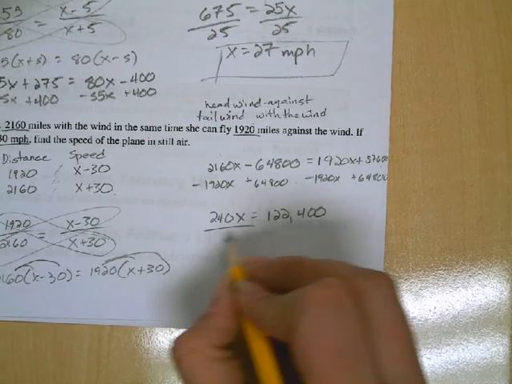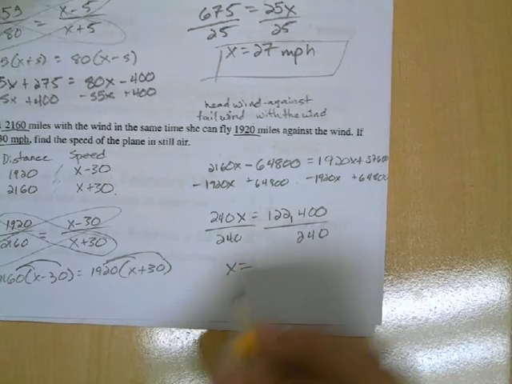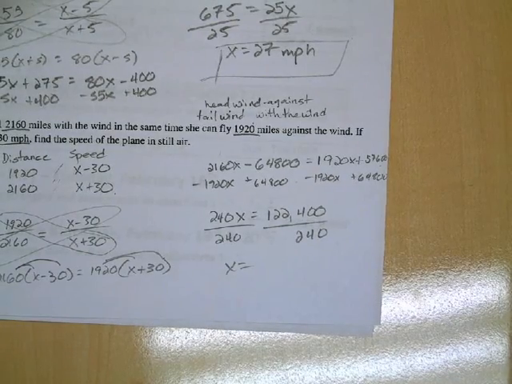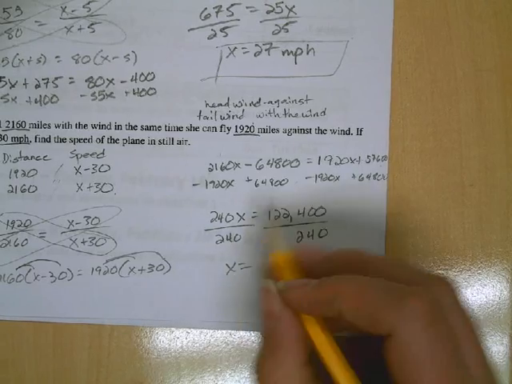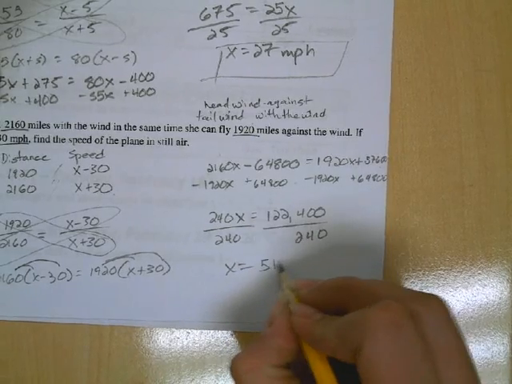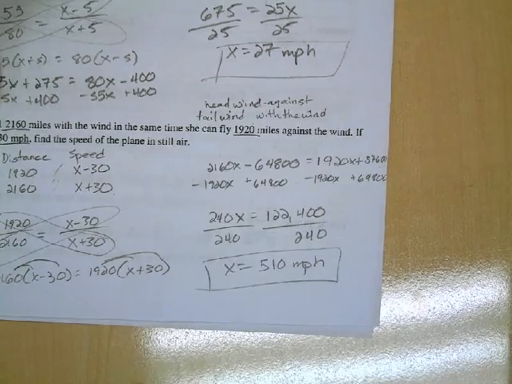Divide by 240, divide by 240. X is equal to 122,400 divided by 240. No, I cannot do that in my head if you were wondering. 510 miles per hour. I guess I could, but I'd be really slow at it.